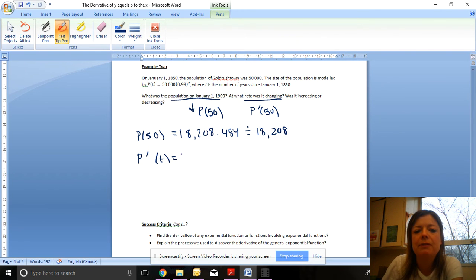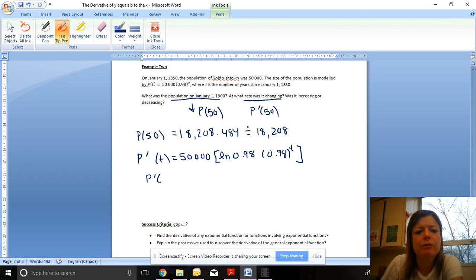So we just keep the 50,000 out front. And then we have ln 0.98 times 0.98 to the t. And no other chain rule because the derivative of t is just 1. So there's not really a way to simplify that.